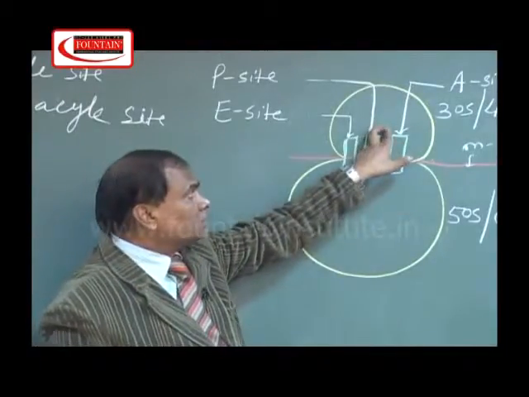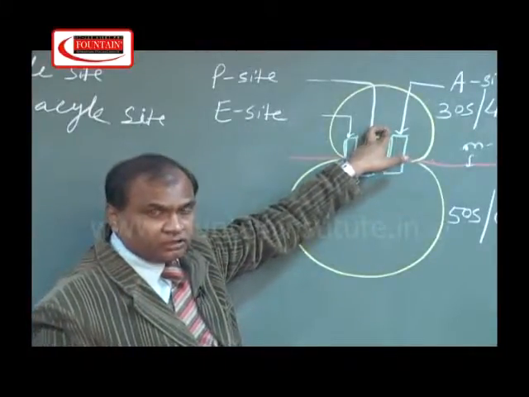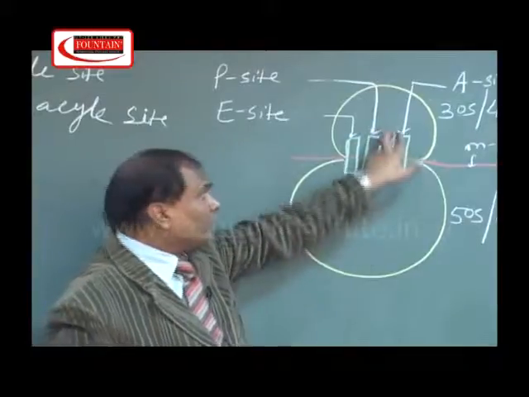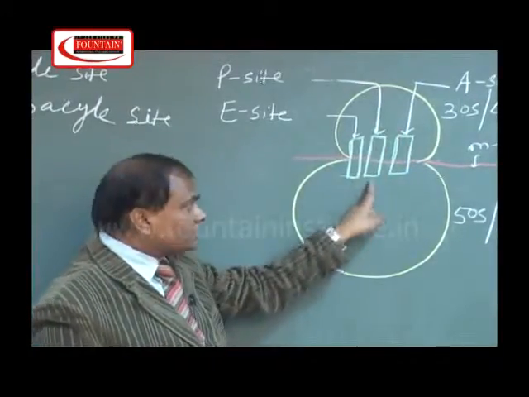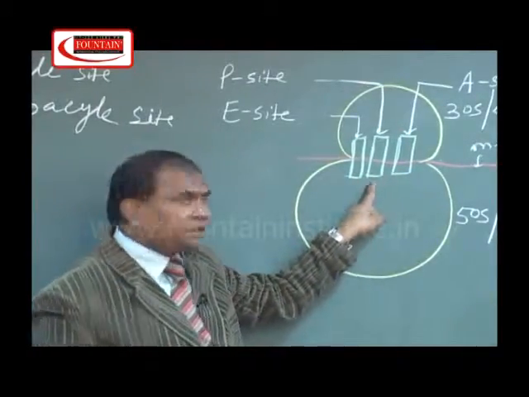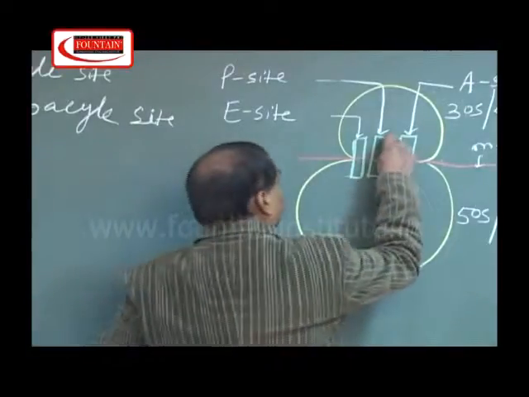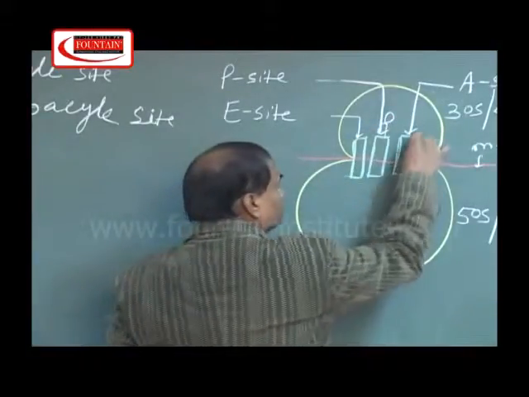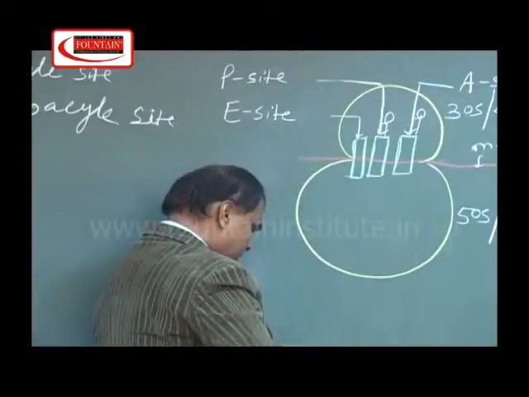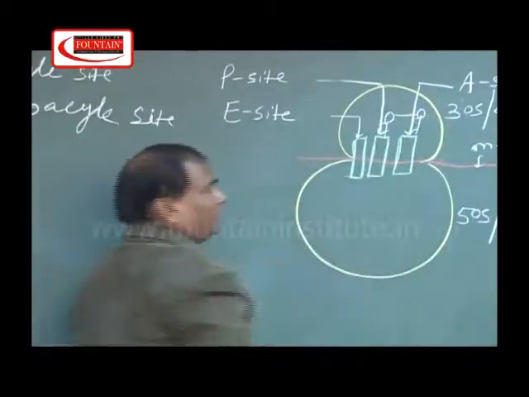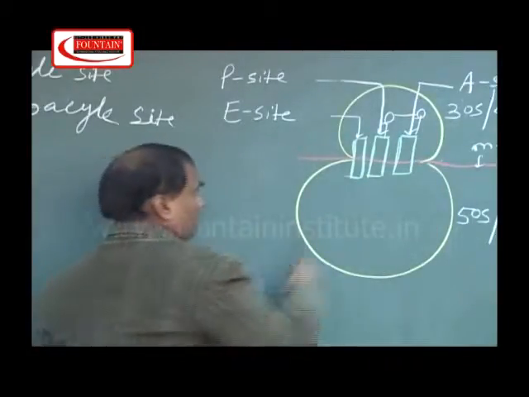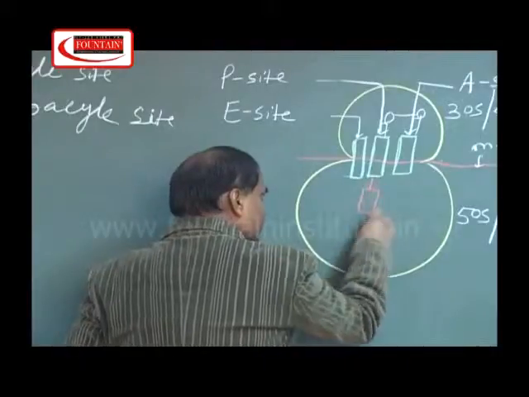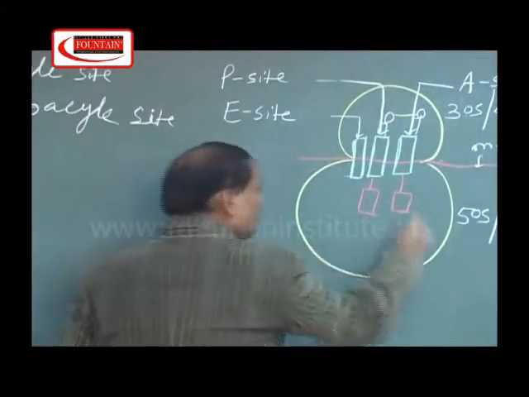These two amino acids attach with each other with the help of a peptide bond. Suppose the first amino acid is attached here, the second amino acid is attached here, and they are attached by the peptide bond. Here is the tRNA, here is the tRNA.